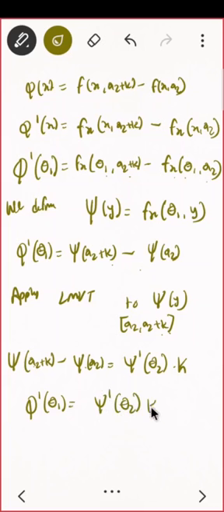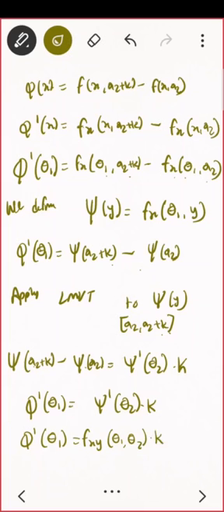Now you have to calculate psi dash of theta 2. So first let us find psi dash. What is the psi function? Psi of y is equal to fx of theta 1 comma y. So for psi dash it will again be a derivative, so it will be fxy, but with respect to y this time. So phi dash of theta 1 will be equal to fxy of theta 1 comma theta 2 into k.